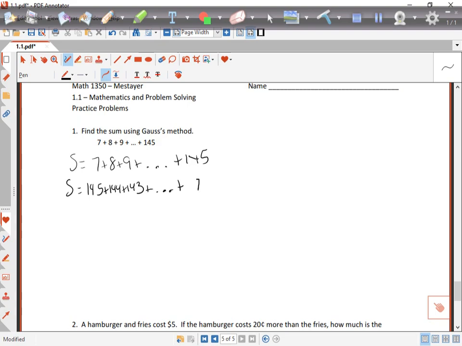And right here we want to put a 7 because that was the first number. So it makes it a little bit different than the problems that we were doing earlier. Okay, add these up, so twice the sum. If you add each one of those up, they end up being 152.